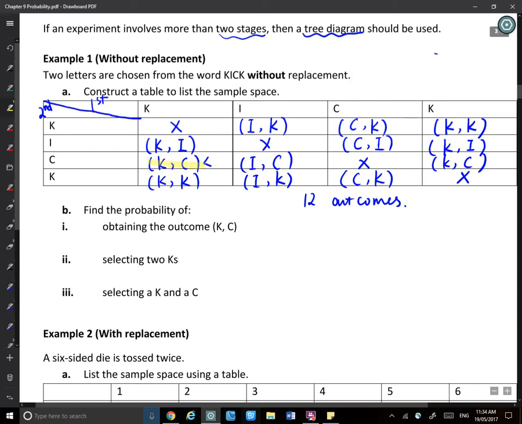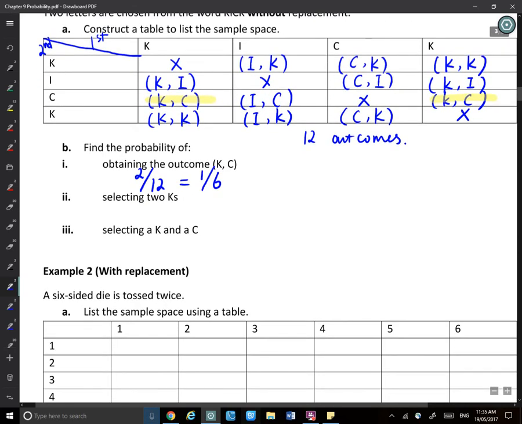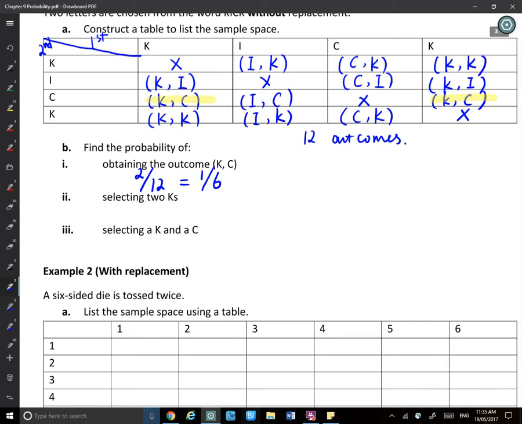One is here, one is here. Therefore, the probability of getting Kc is 2 out of 12, which is 1 on 6.